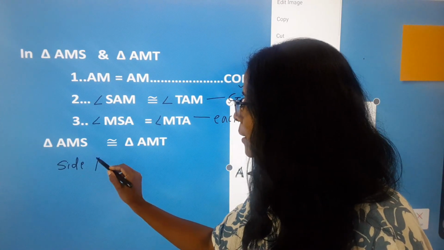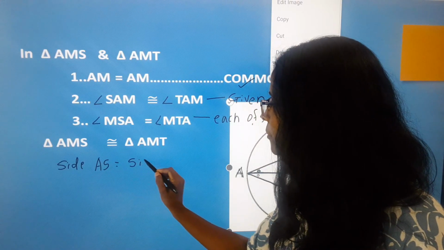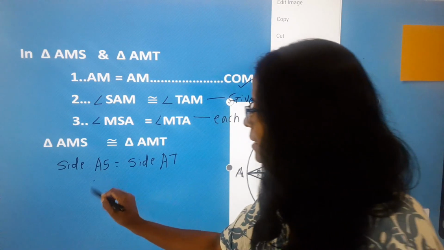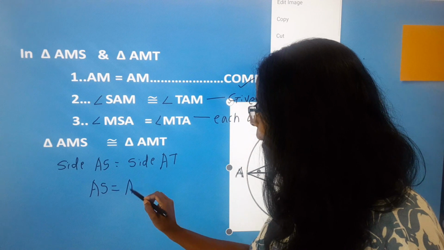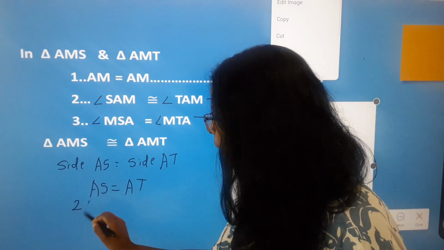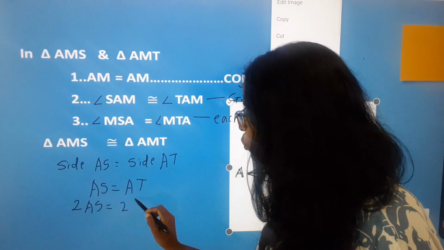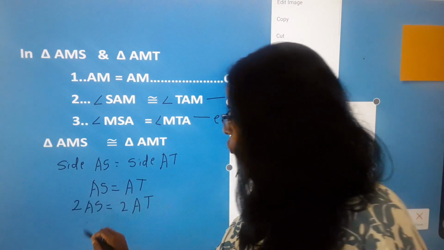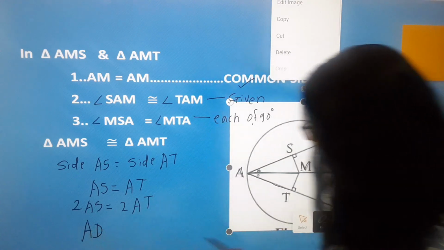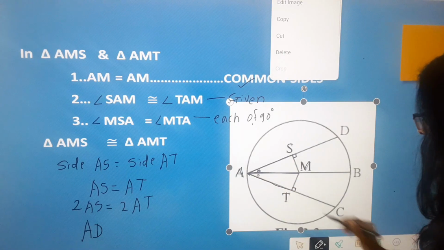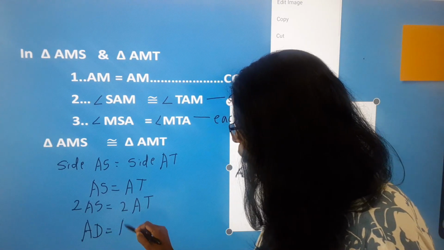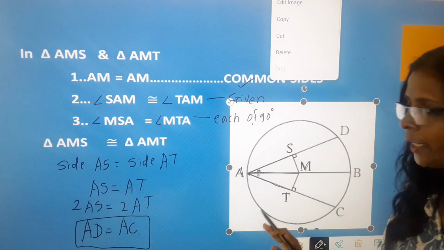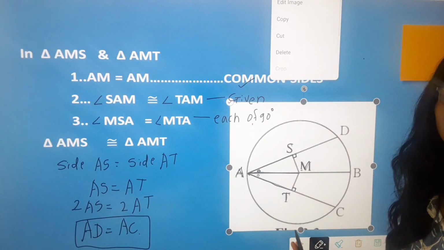Then, multiplying both sides by 2, 2AS is equal to 2AT, and 2AS means AD and 2AT means AC. So AD is equal to AC, and that is what we had to prove: chord AD is equal to chord AC.